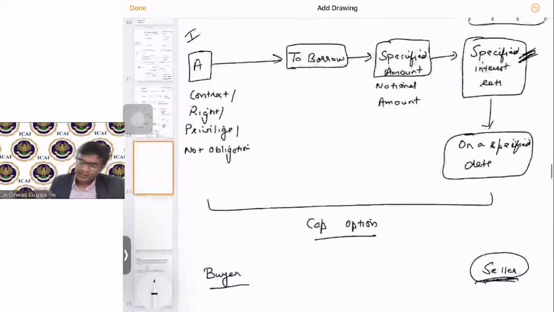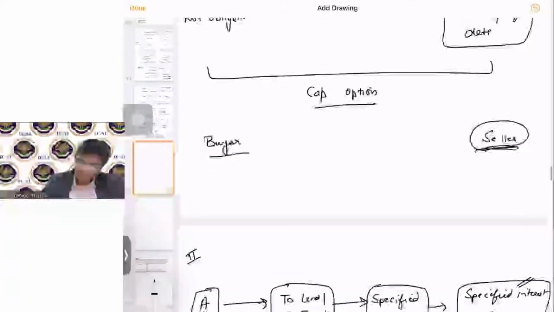Similarly, we studied that the first one is a cap option, because the entire contract of A is helping the holder of this option to cap the rate. Correct? Because if the rate moves further up against this specified rate, then A will be exercised by the holder of the contract.